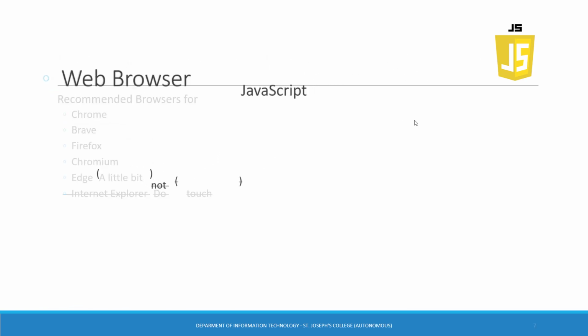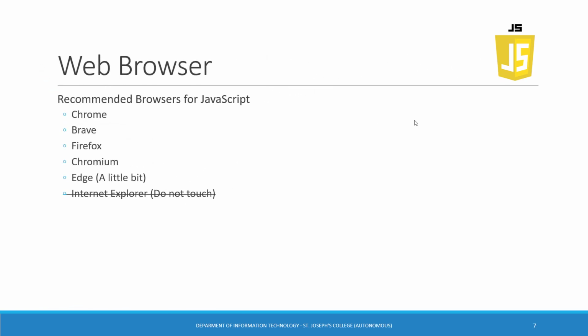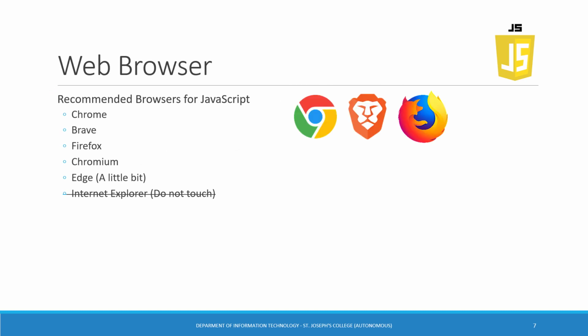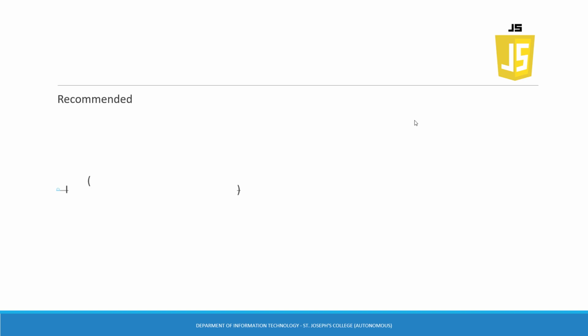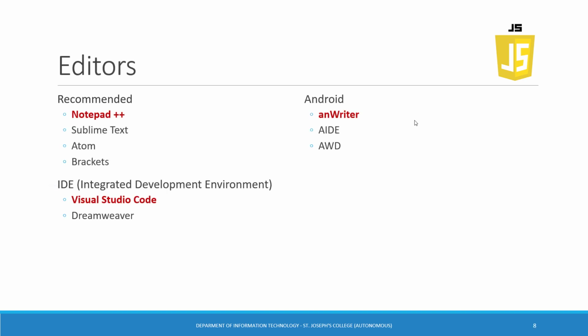These here are some recommended browsers for JavaScript: Chrome, Brave, Firefox, Chromium, Edge a little bit, and I would highly advise not to use Internet Explorer, for the output would not be optimized. These are some kind of editors that you can use to code JavaScript.